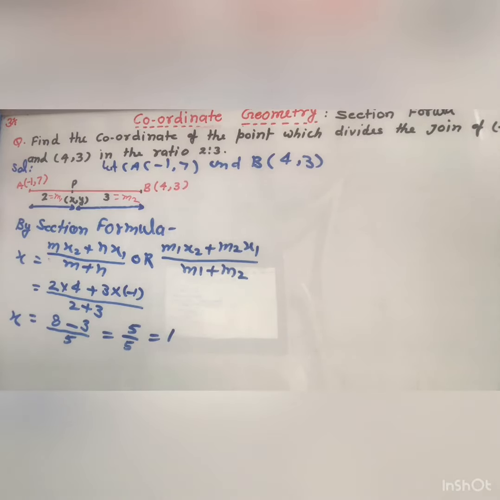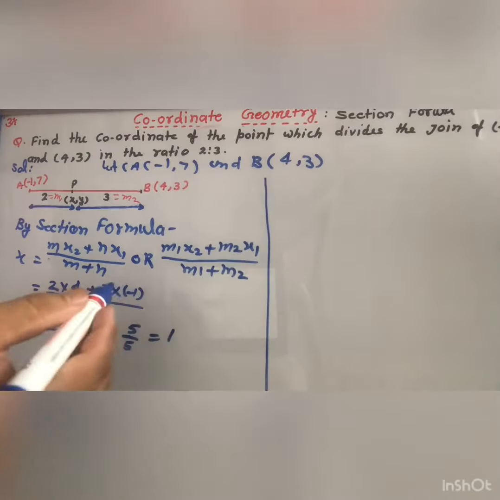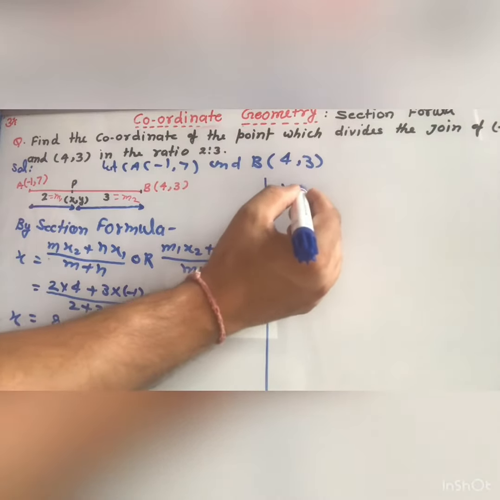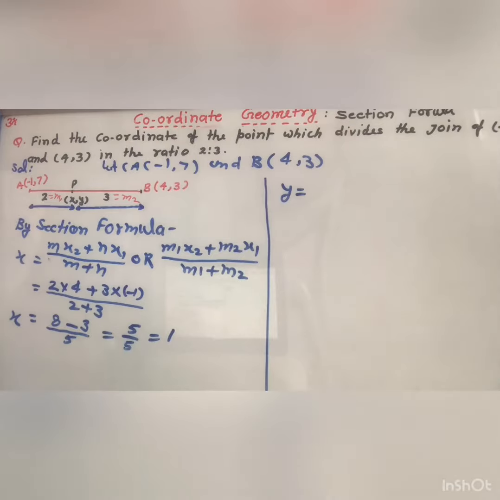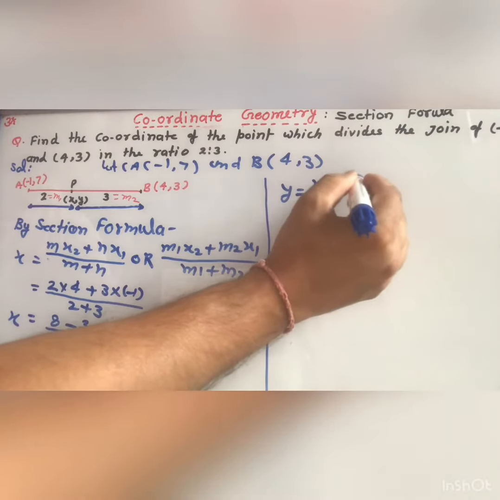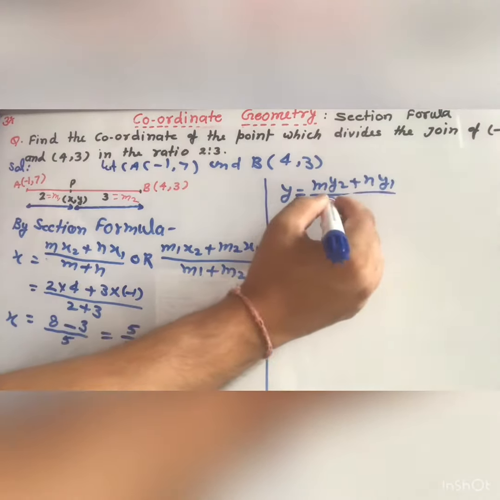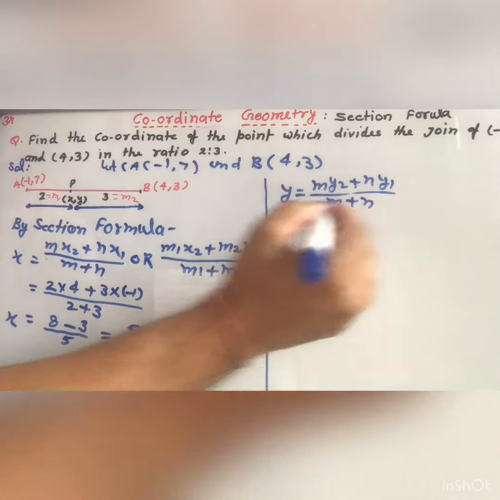Okay, now for the second coordinate y, you can see on the board, you will know that y equals what? You will write my2 plus ny1 divided by m plus n.